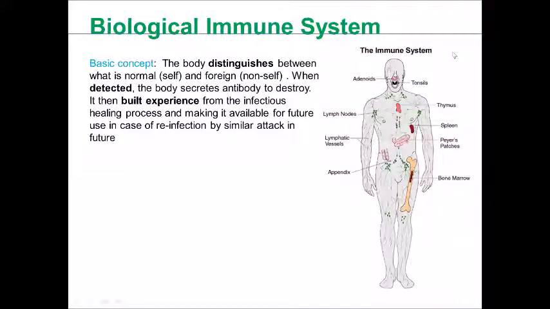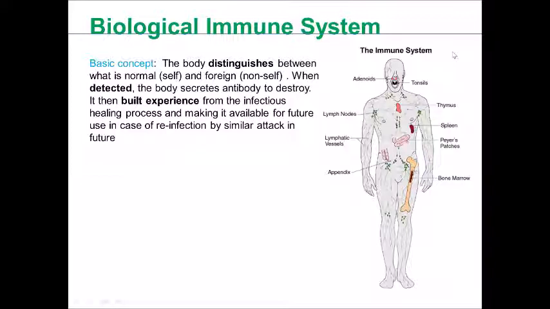This is the process of our biological immune system. If we go into detail on the basic concept, this is just a summary. The body distinguishes between two types of cells. First is the safe cell, and second is the foreign cell, or non-safe cell.